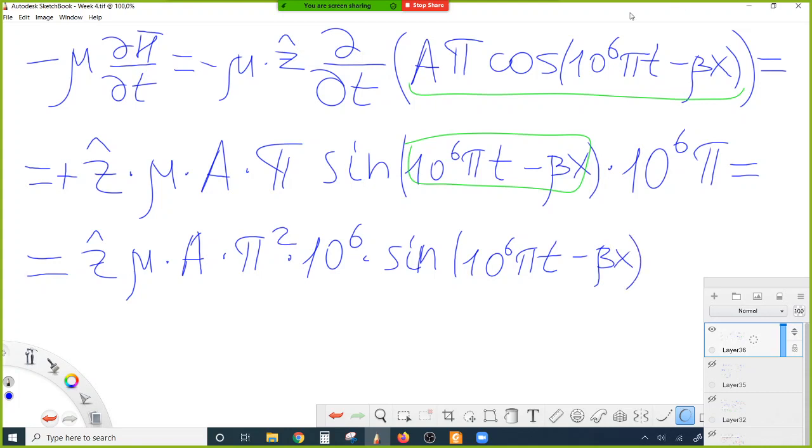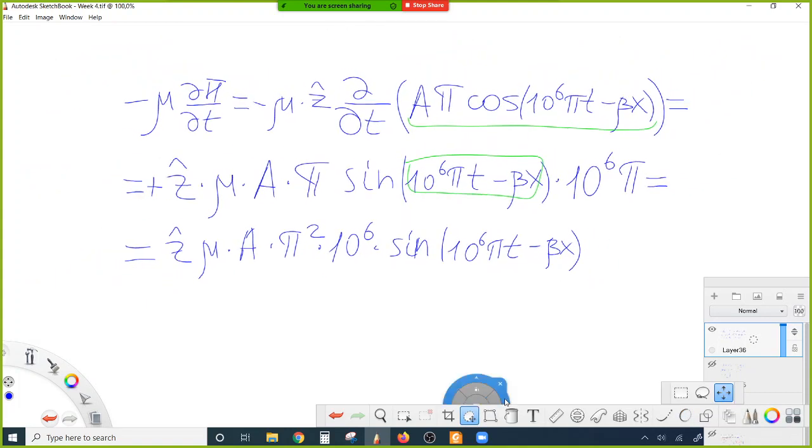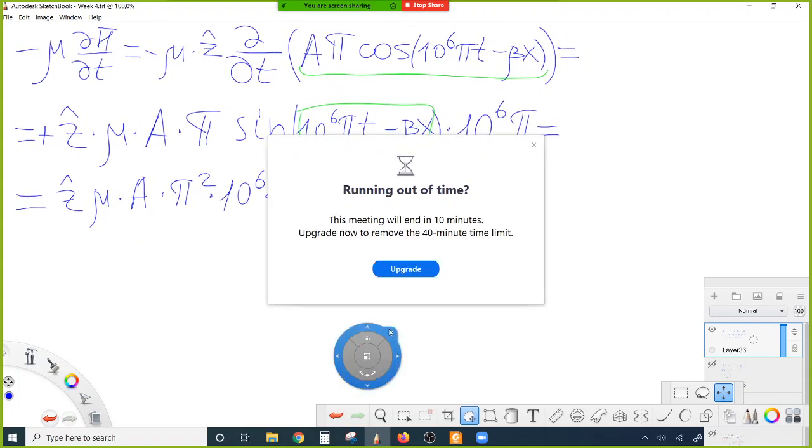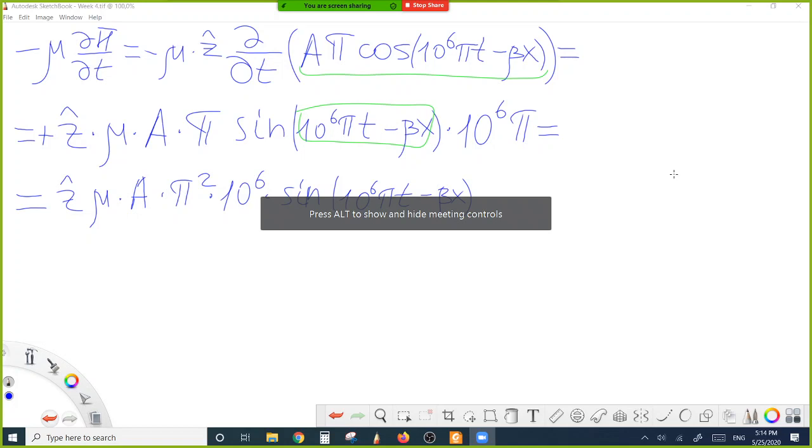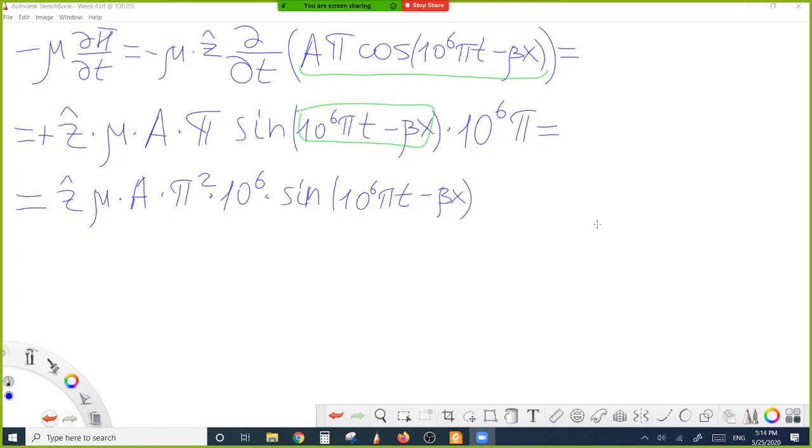Okay, we computed the first equation from the previous page. So we have computed minus mu dH/dt.